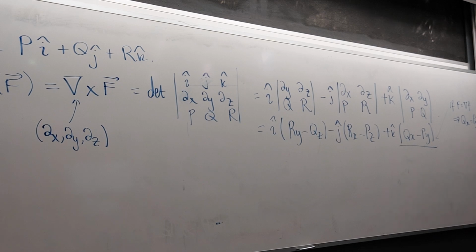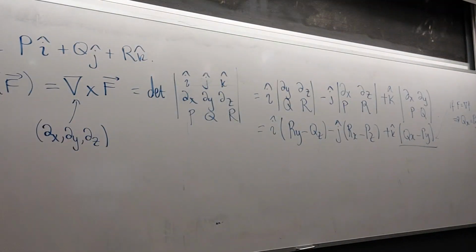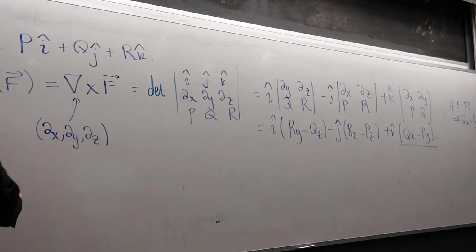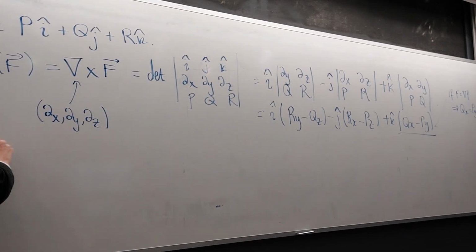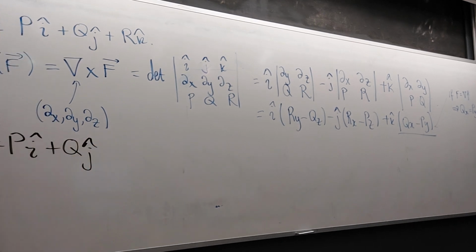So if I take, let me spell this out because it's worth spelling out. If f is a gradient field on R2, then let's say p i plus q j, r is 0.